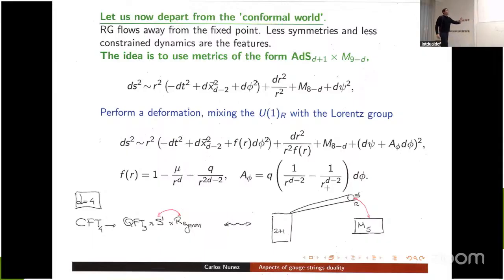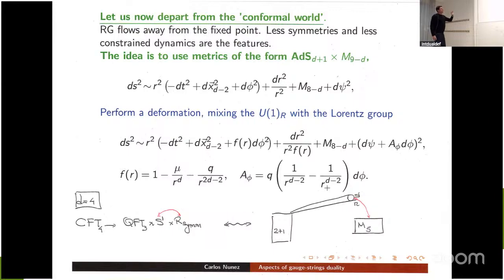That's the circle on which we will compactify this field theory. In the internal space, the five-manifold, I'm separating it into some four-manifold times a U(1), and this U(1) will represent holographically some U(1)_R symmetry within the R symmetry of the field theory.